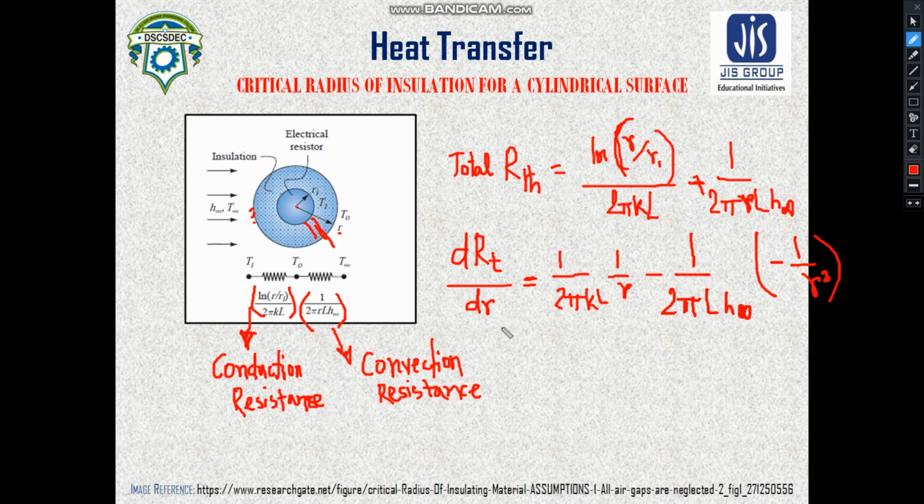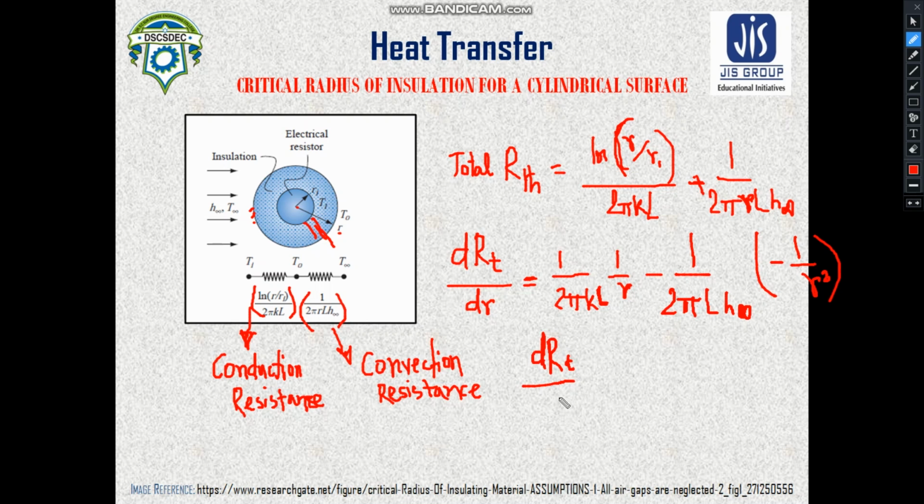We need to find the optimum value of this r, then we need to see if we have found out the minimum value for which the heat transfer is minimum, or the maximum value for which the heat transfer is minimum.